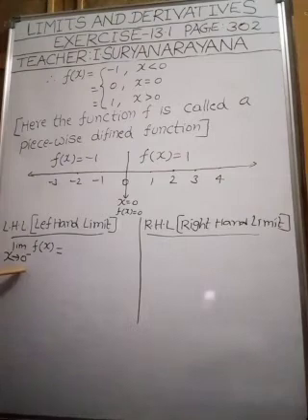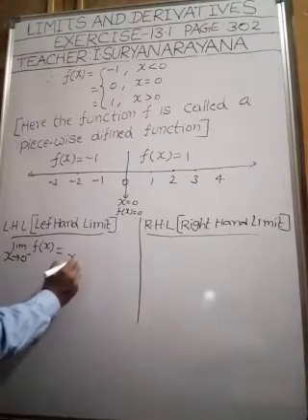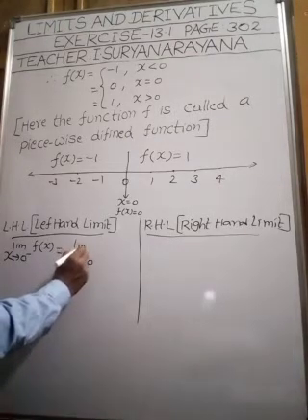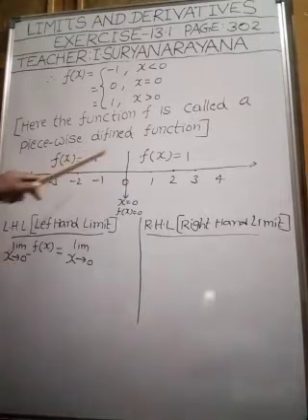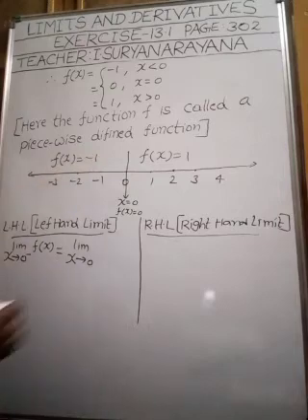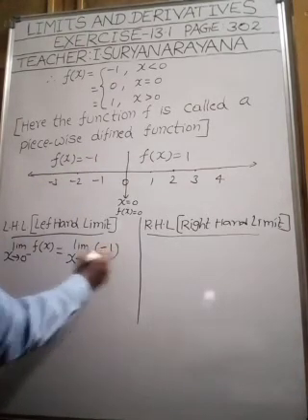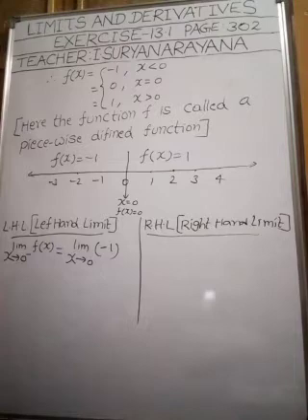Do you remember this part, my children? How to write the left hand limit of f of x as x tends to 0? This is the symbolic form. As x tends to 0, left hand limit means left side of 0. How is the function f defined? F of x is equal to minus 1. So we consider only the function minus 1. As we proceeded for the previous question, we follow the same steps here also.